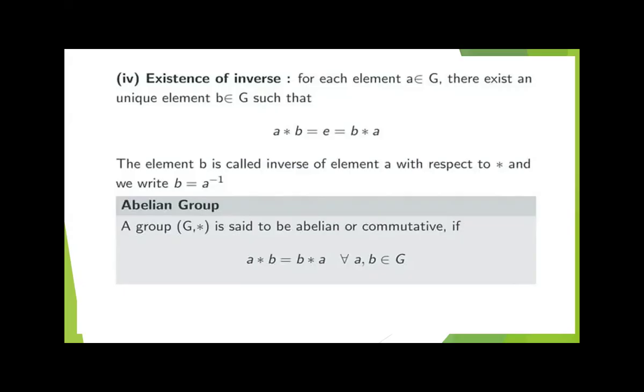So simply, an abelian group is one in which the elements commute with each other. So A star B is equal to B star A, where both A and B belong to group G.